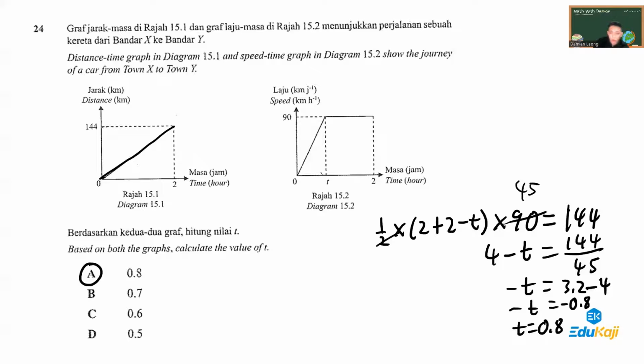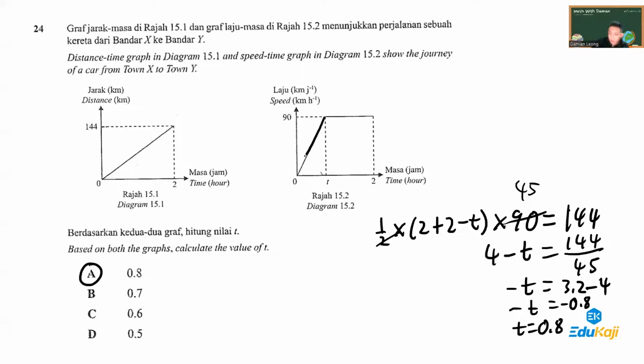Although actually this graph is not accurate. Because if it's a straight line like this, that actually means the speed is constant.